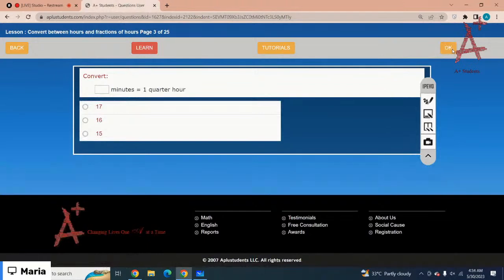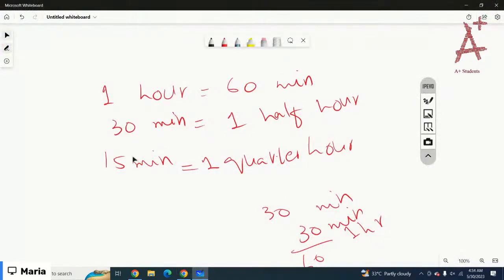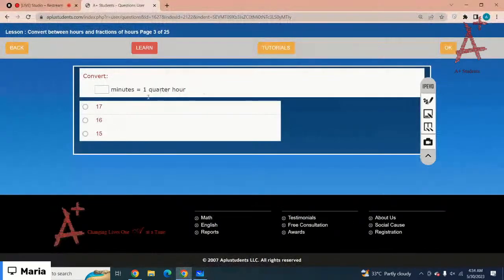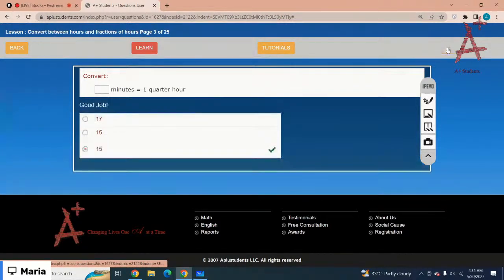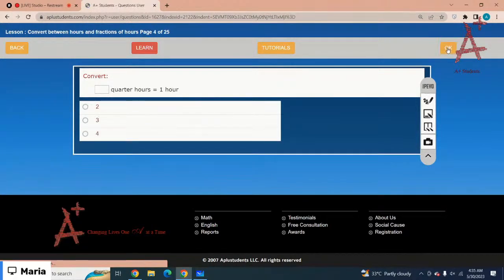How many minutes equal 1 quarter hour? One quarter hour equals 15 minutes. Got it? So 1 quarter hour equals 15 minutes. How many quarter hours equal 1 hour?